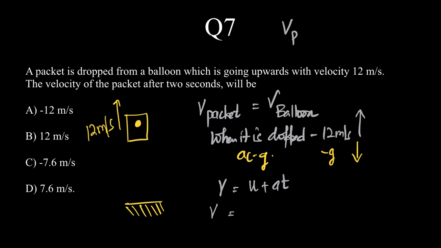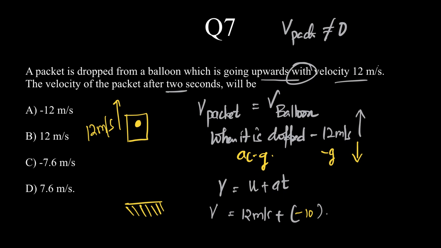Here v of the packet is not equal to 0 because it is going upwards with 12 meter per second. So that will be 12 plus, acceleration due to gravity we have to take as minus 10, into time 2 seconds. So v is equal to 12 minus 20, which is minus 8 meter per second.